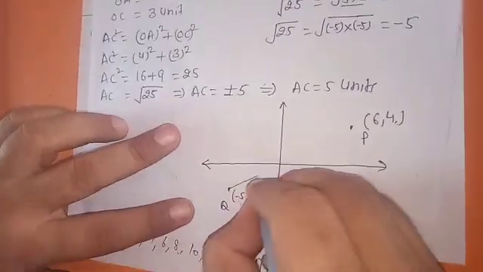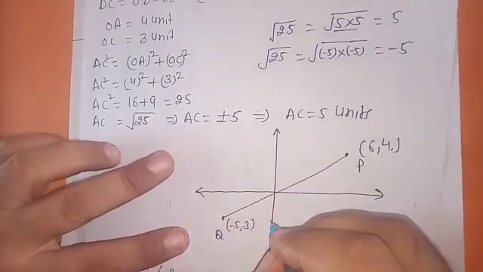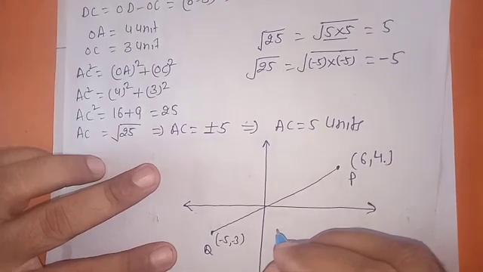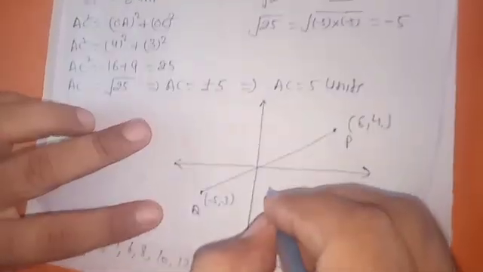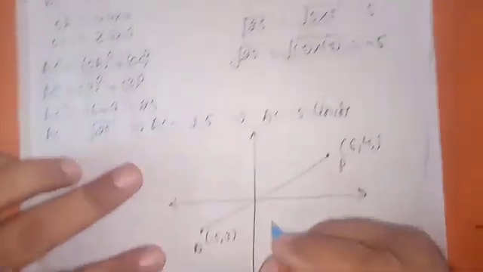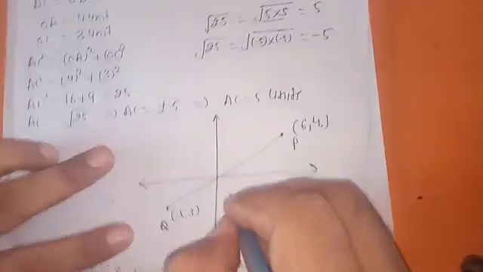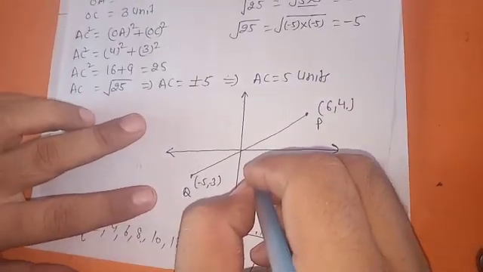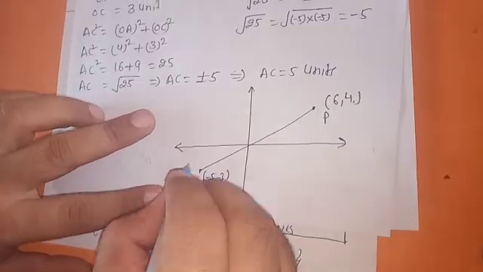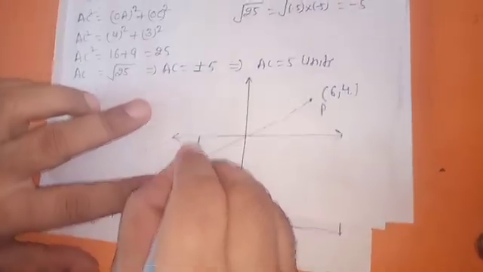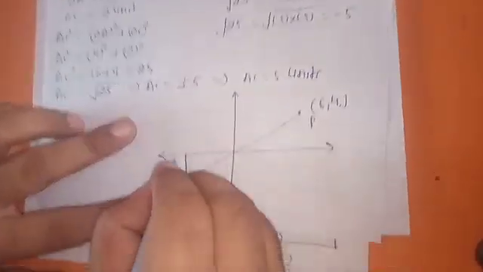So how can you find this distance? What can you draw? Perpendiculars. Perpendicular from here to here. This is QS, S is the name of this point.